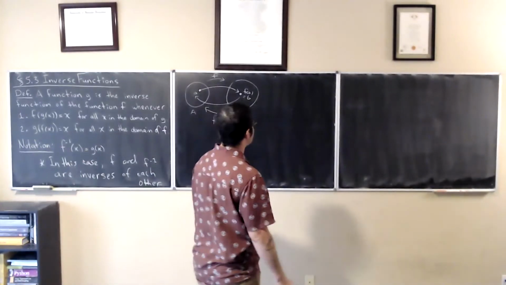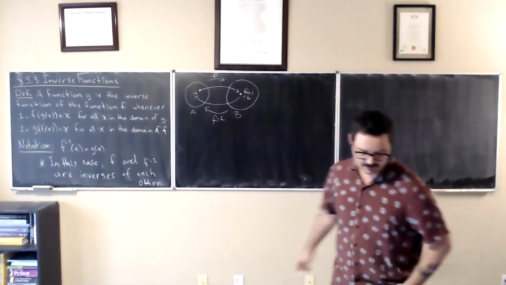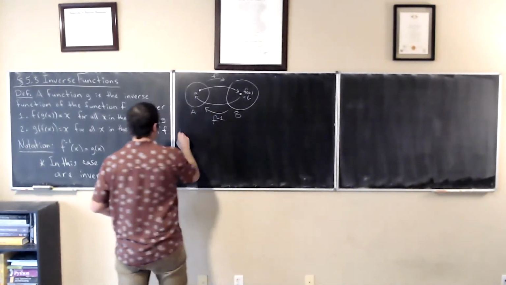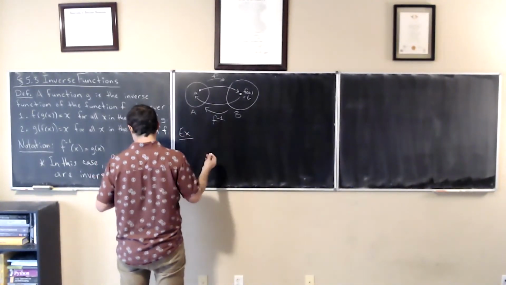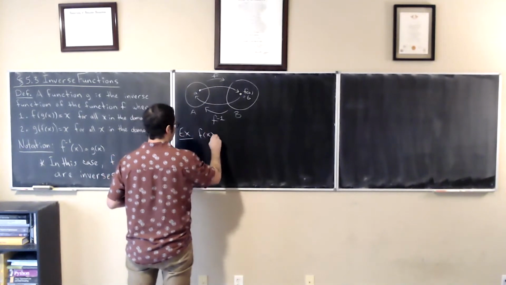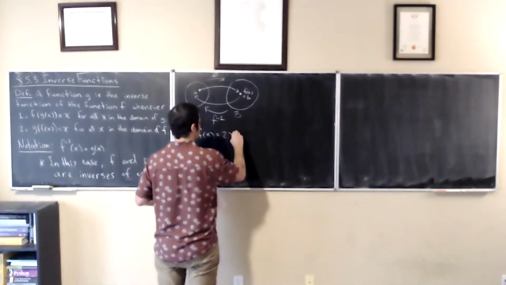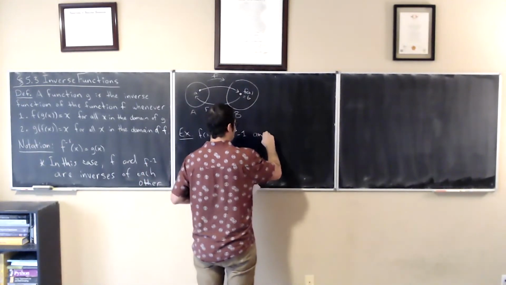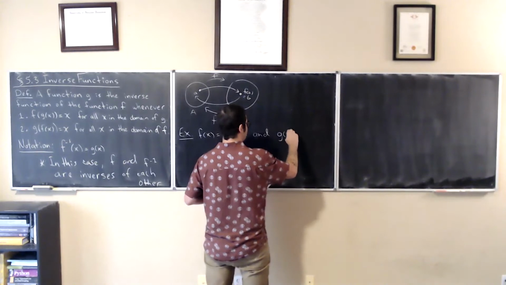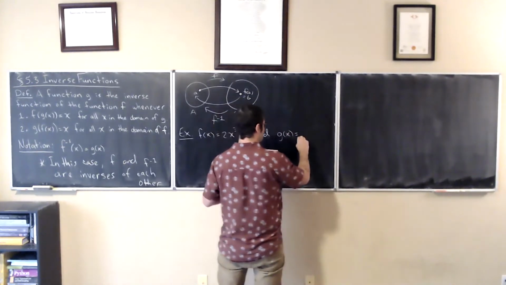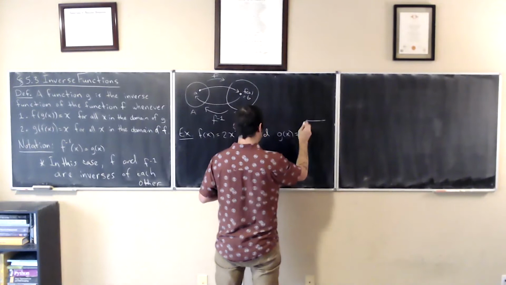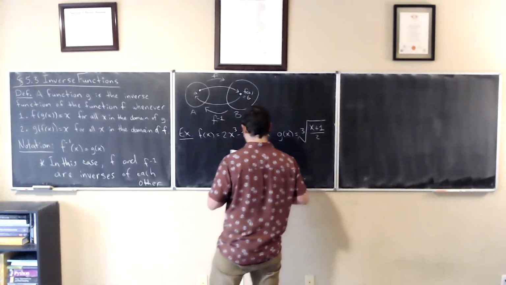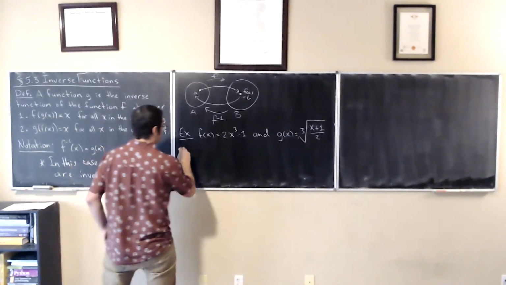So let's go ahead and look at an example here. Say f of x equals 2x cubed minus 1, and g of x equals the cube root of (x plus 1) over 2 are inverses of each other.